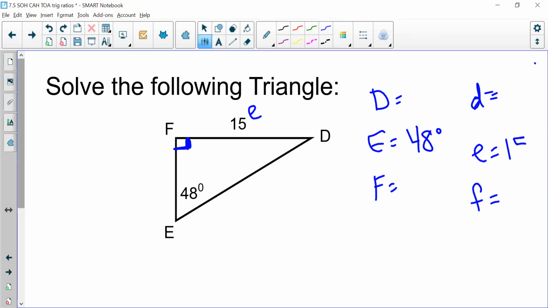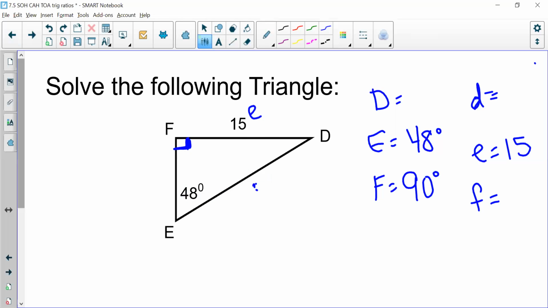And I know one more thing. What else can I fill in my chart? The 90. Perfect. Okay, so if I just wanted to put labels on this, what am I labeling my hypotenuse? What letter is my hypotenuse? Sorry, using the letters of the triangle, Lauren.